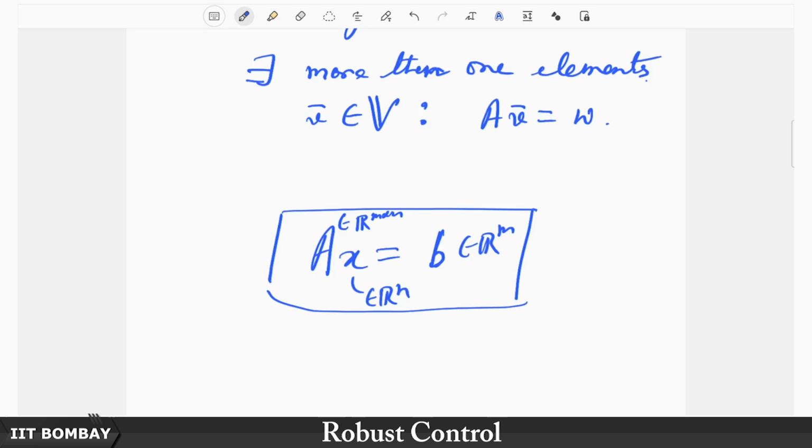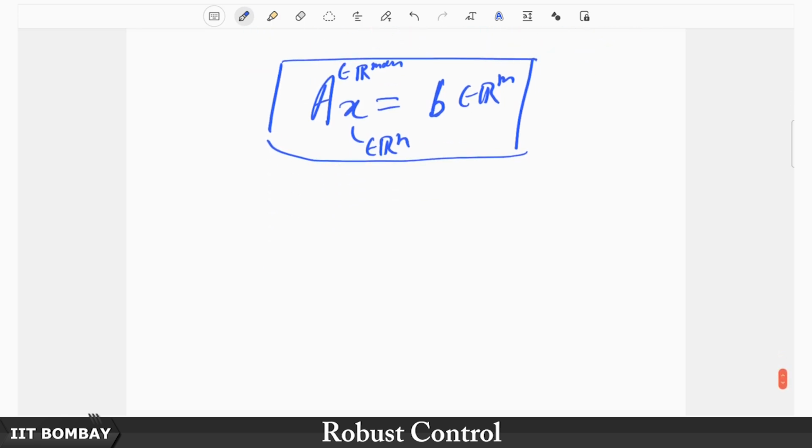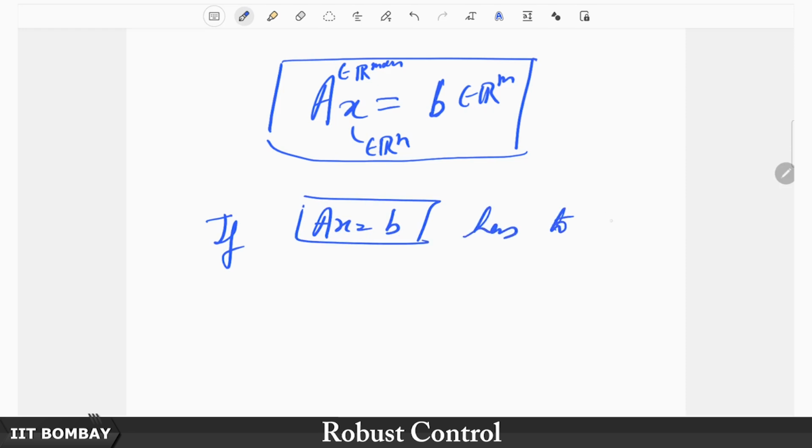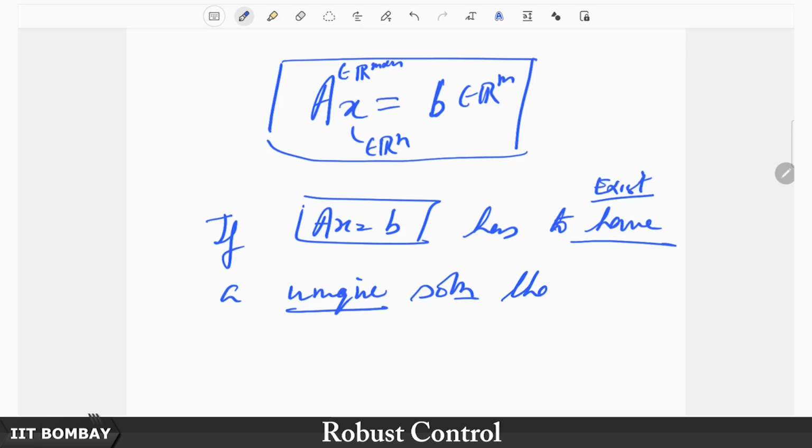So if you require a unique solution to exist, your map had better be both injective and surjective. So if Ax = b has to have a solution, that is the existence question, and the next is the uniqueness question. Then A must be both.